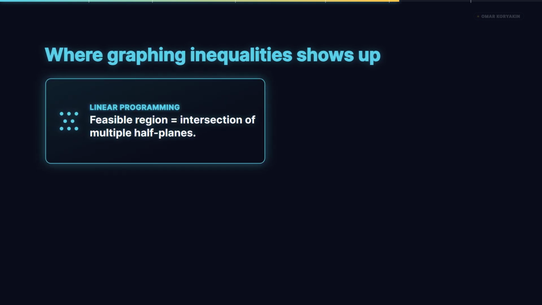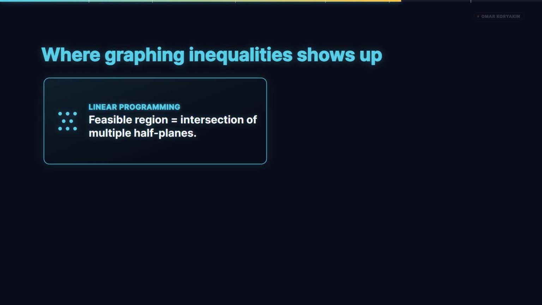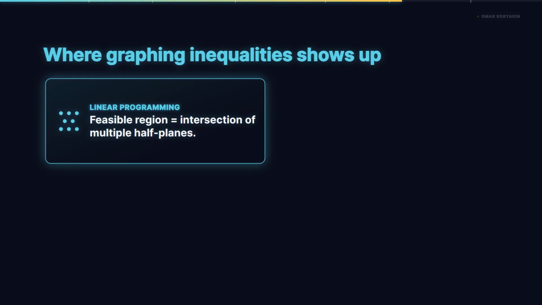Half-plane graphing is the foundational visualization tool for two variable linear constraints, which appear constantly in optimization, machine learning, economics, and game theory across the modern technical world. 4 broad sectors below. In linear programming, an optimization problem with 2 decision variables is visualized as a feasible region on the coordinate plane.